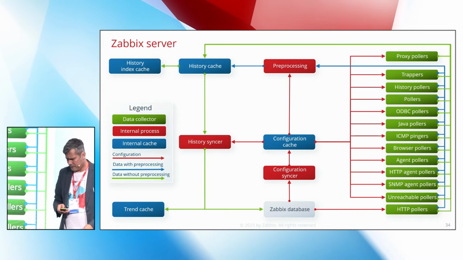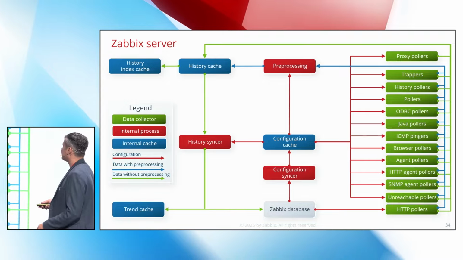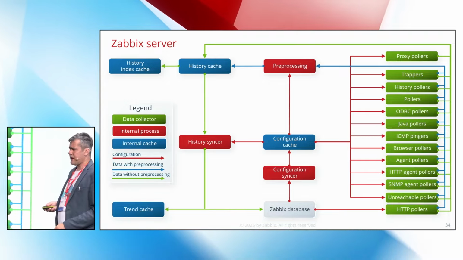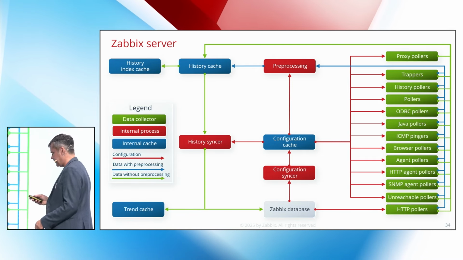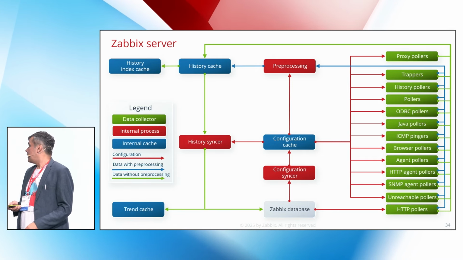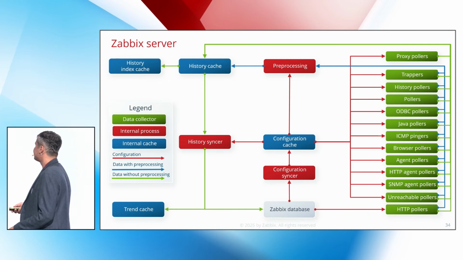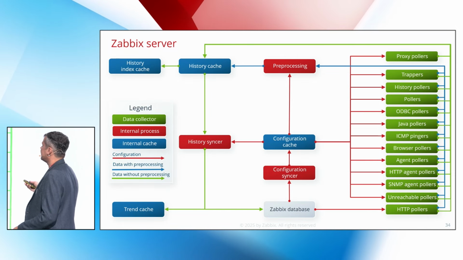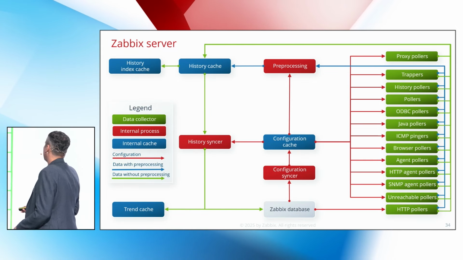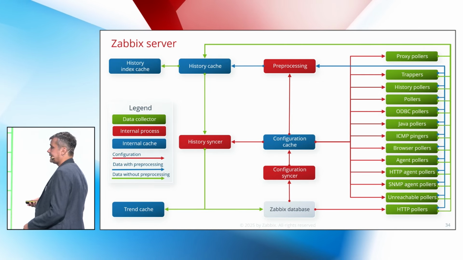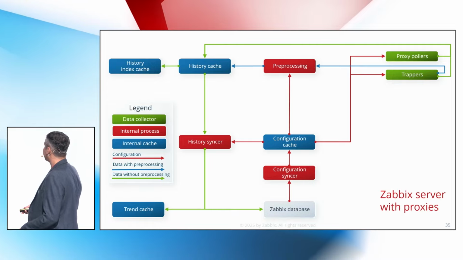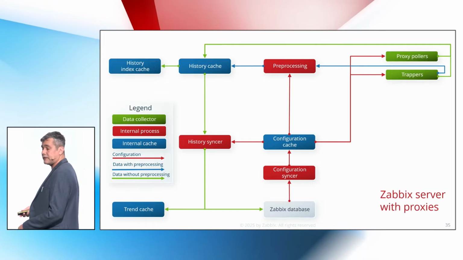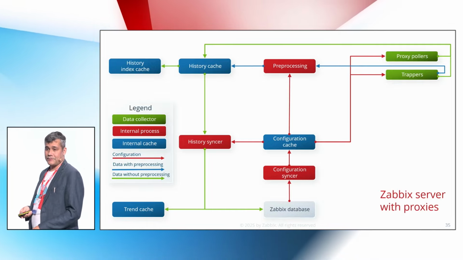But still, at least for me, this looks a little bit too much. Too many green boxes, you need to tune all this. Can you simplify it? You can. This is Zabbix server collecting all the data by itself, and this is Zabbix server if data are collected by proxies. Simpler, right?